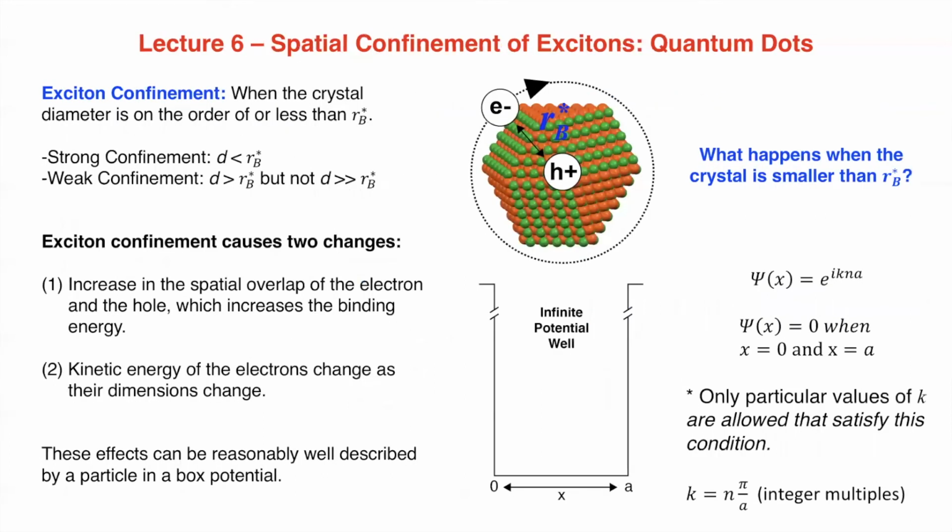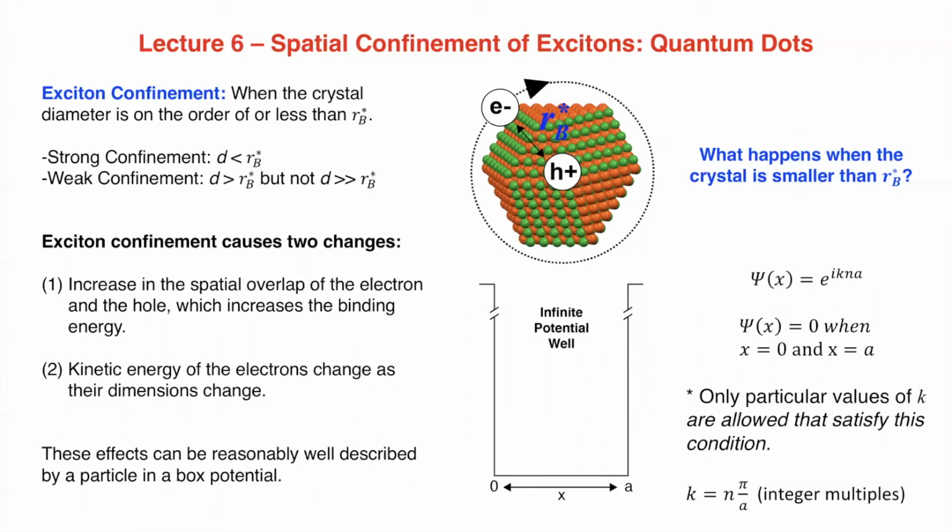All right, so let's now start talking about what happens if you look at a photoexcited state in a semiconductor crystal that is smaller than the Bohr exciton radius. So I've put this cartoon up here of a semiconductor nanocrystal that could be gallium arsenide, for instance.